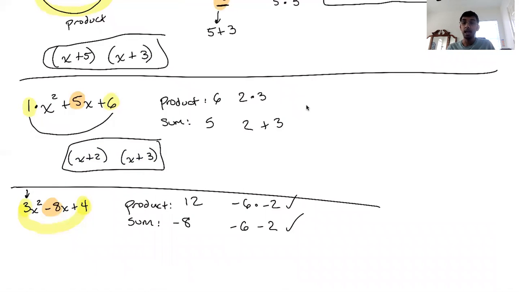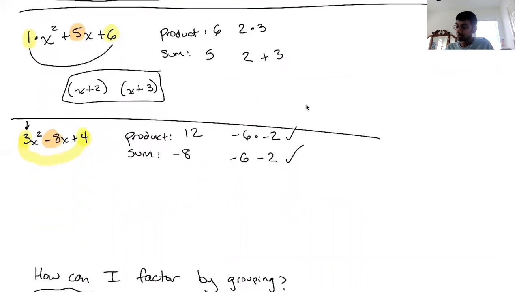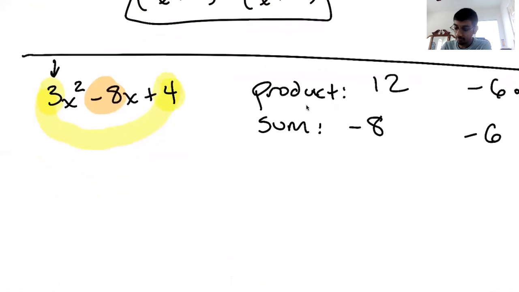So for this one, we're going to do this new step. I'm going to show you how this actually works out. We're essentially taking the -8 and splitting that up into -6x and -2x, right? Because if you think about it, that's what we're really doing. We're trying to take the -6x and add that to -2x to get to the -8.